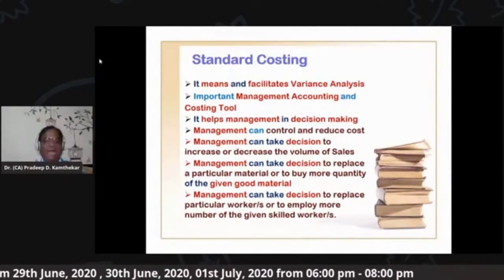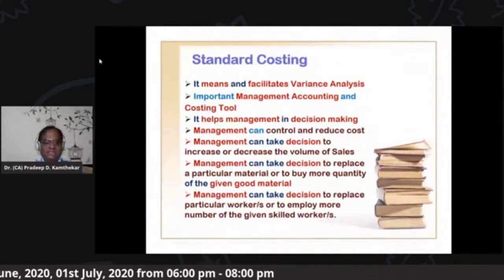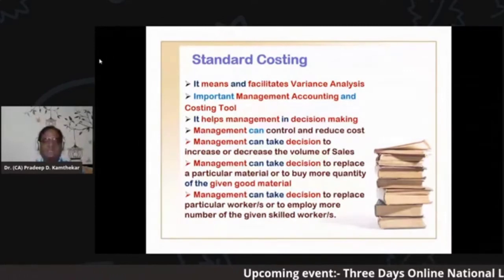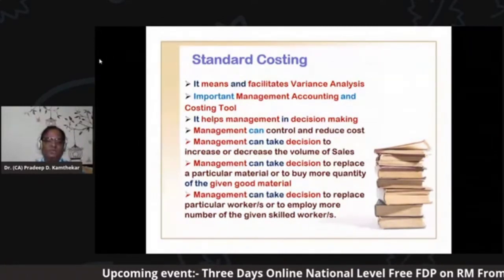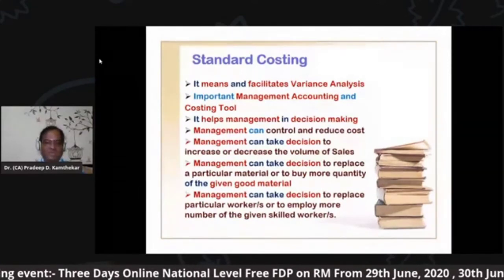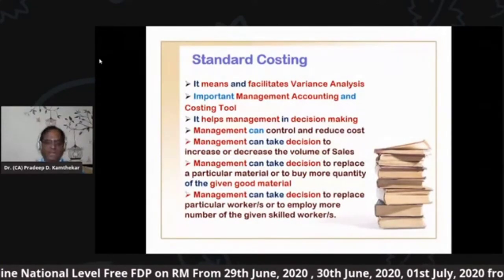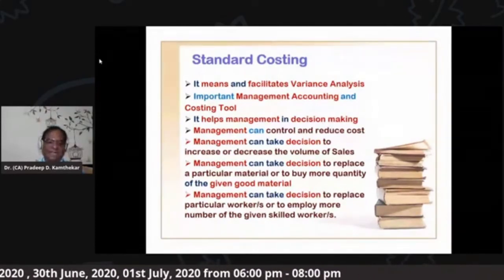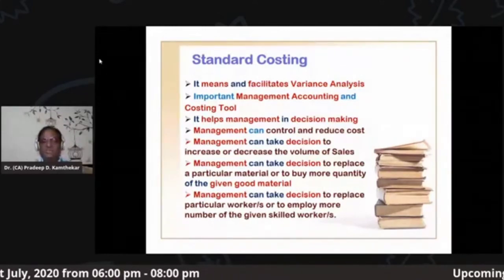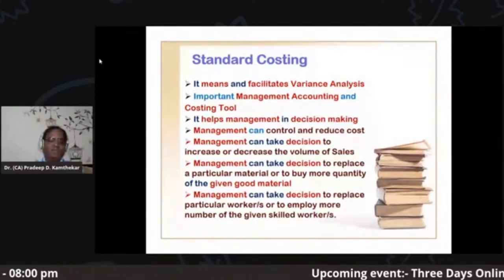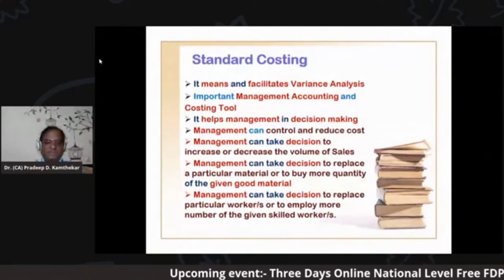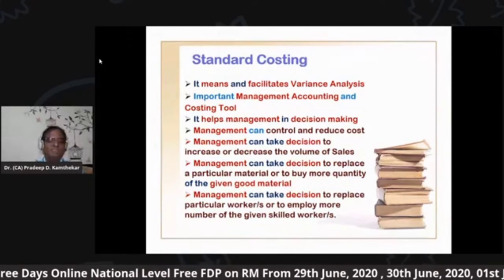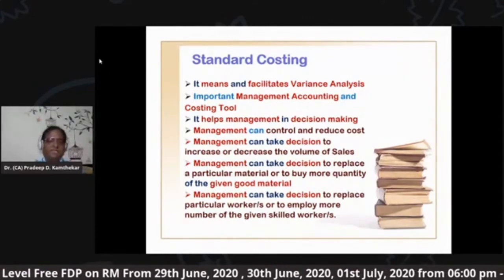And from this angle, business can take a decision whether to have a particular worker who is skilled or unskilled, what should be the number of such workers, whether the business has to cut down on unskilled workers and employ more skilled workers, or if the business is such that skilled workers are not required as such, then the business can cut down on skilled workers and more unskilled workers could be used. Whatever may be the case, standard costing helps the management to take a decision in terms of employment of these workers, skilled, unskilled, replacing them also.